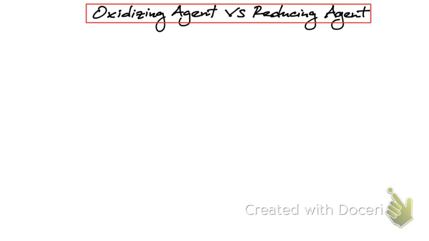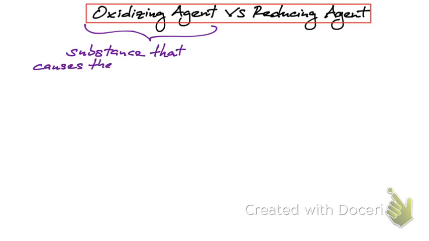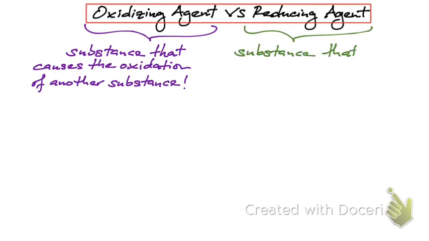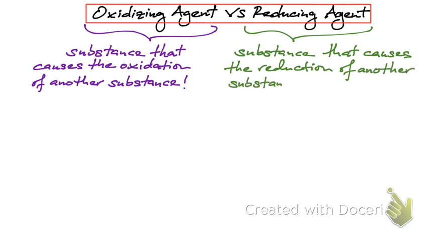So I mentioned in the beginning that in every redox reaction, there are always these two agents, right? There's the oxidizing agent and the reducing agent. And by definition, the oxidizing agent is basically the agent that oxidizes the other substance, whereas the reducing agent is the agent that reduces the other substance. Okay, so another way to say this for the oxidizing agent, right?